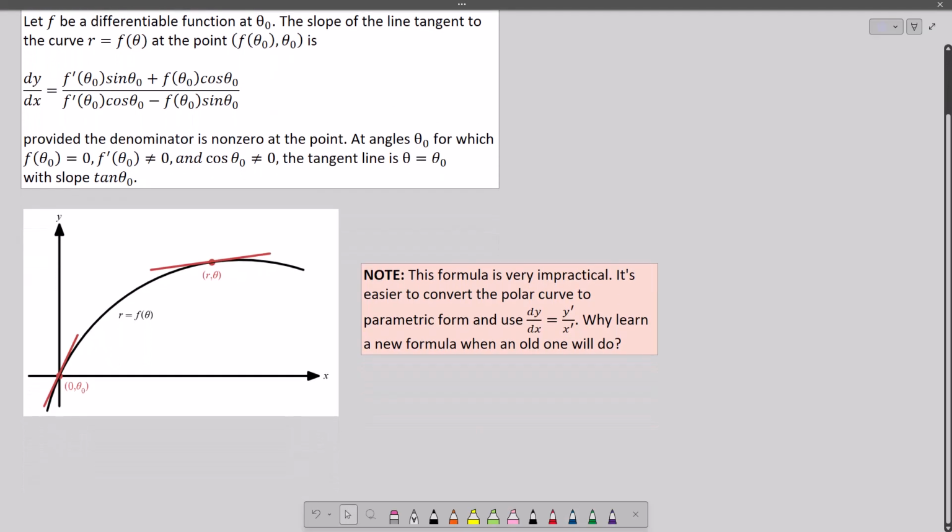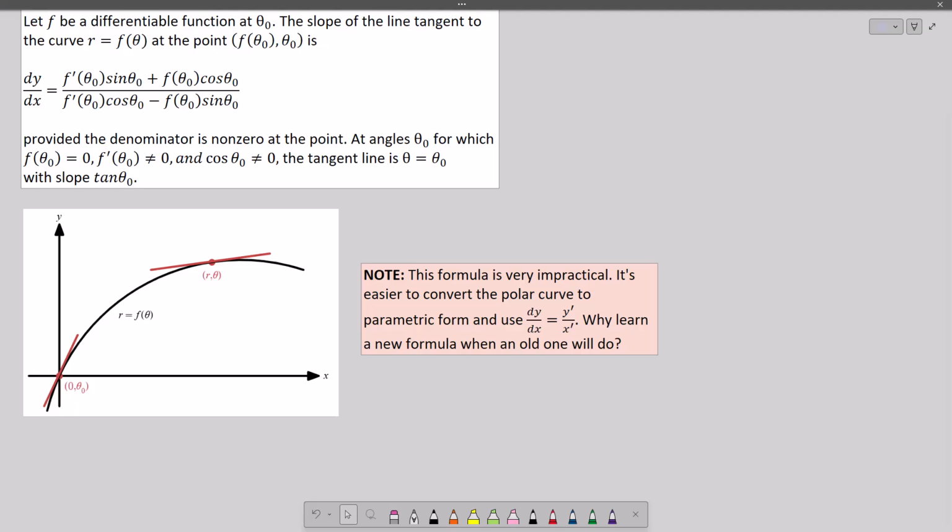So, one observation I want to make here is that if we have a curve that passes through the origin, the function value is 0 when the curve is passing through the origin, right?